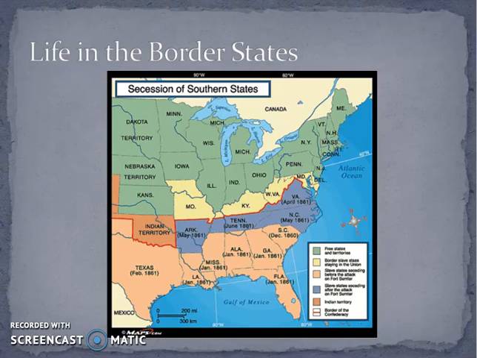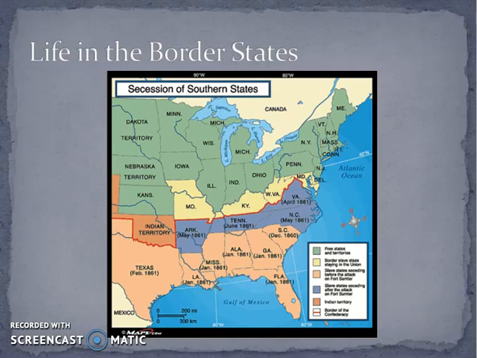Missouri is going to be important because it controls such a huge portion and borders such a huge portion of the Mississippi River. So we know from the whole Bleeding Kansas incident that a lot of pro-slavery and pro-secession people live in Missouri, but the government in Missouri is actually going to be pro-union.